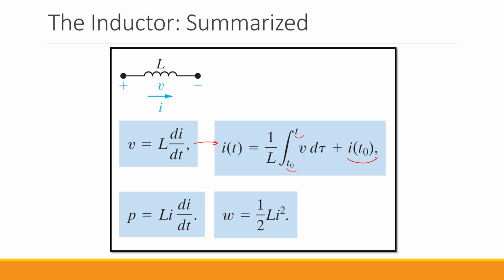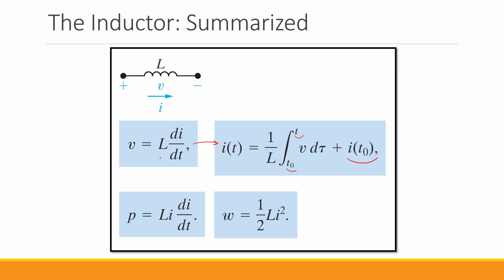So again, this is very important. So there are cases that the initial current is 0, and this equation is going to be simplified to only 1 over L multiplied by the integral of the voltage. But if the initial current is not 0, then this has its own implications. So the general equation is like this.